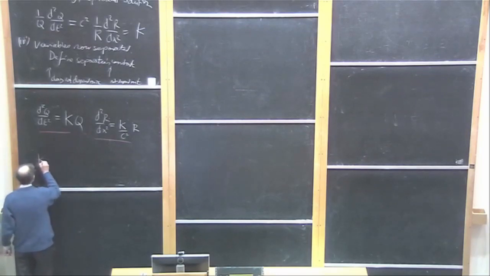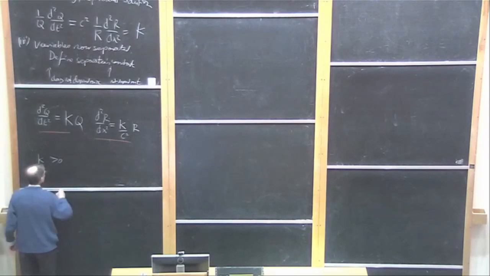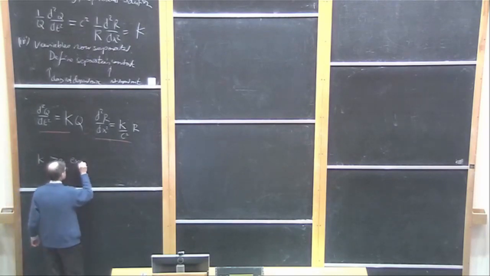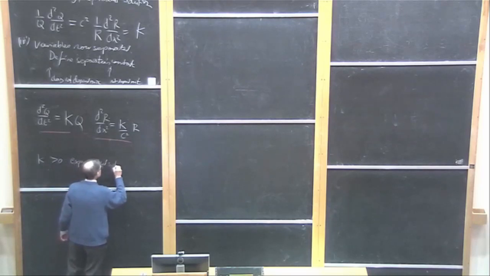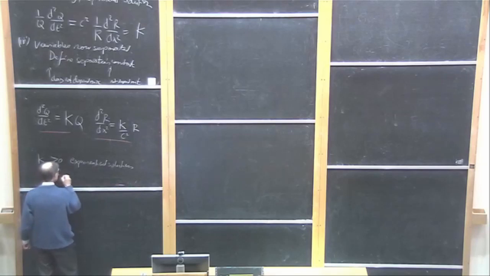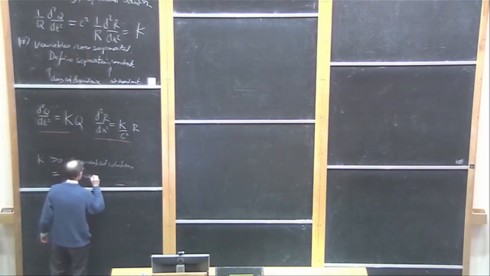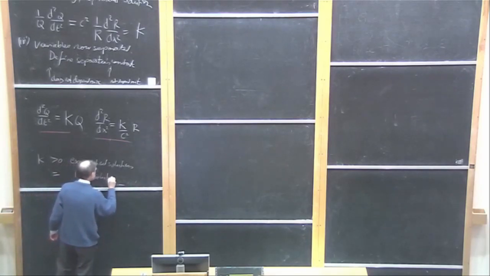If k is greater than 0, we have exponential solutions. If k is equal to 0, we have linear solutions.